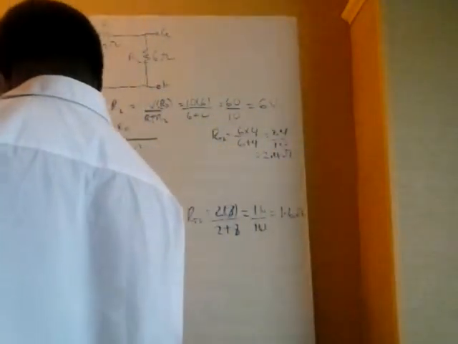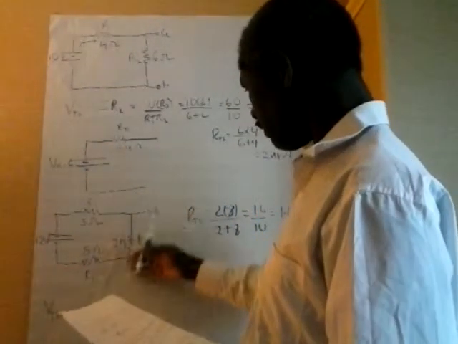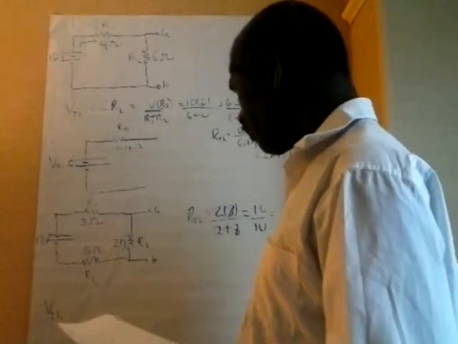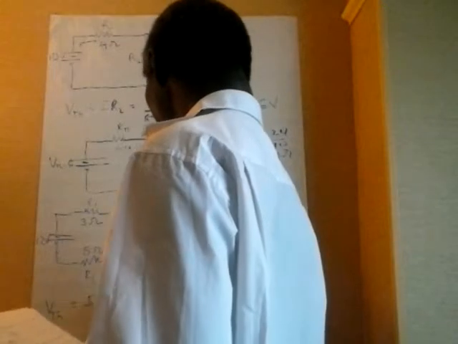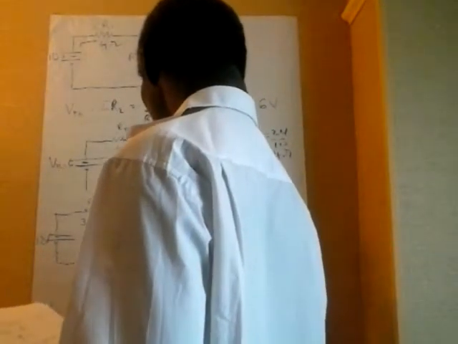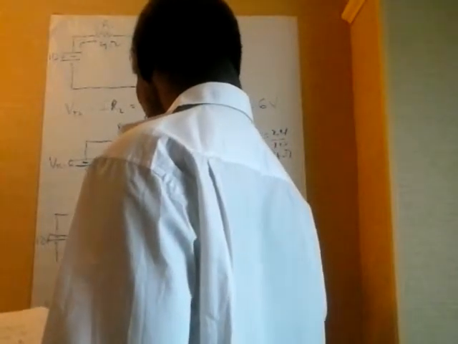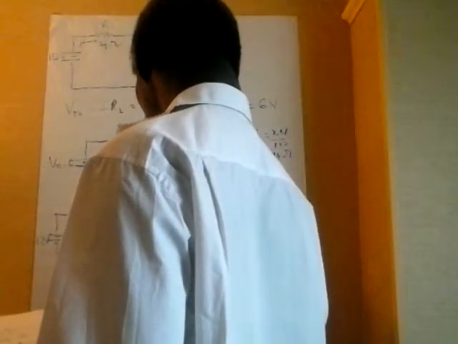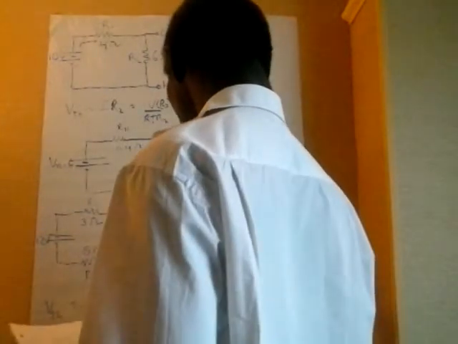All right, V Thevenin is the voltage drop across R2. And that is equal to I times R2. But I is equal to V over R. This V is 12 volts, and R2 is 2 ohms.